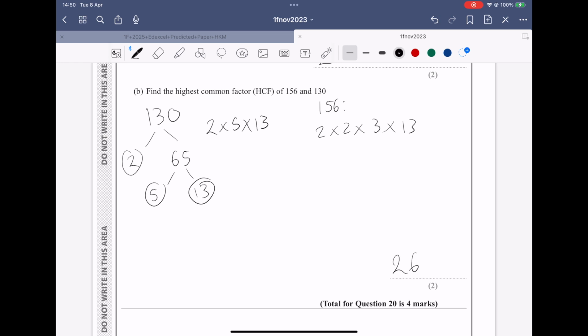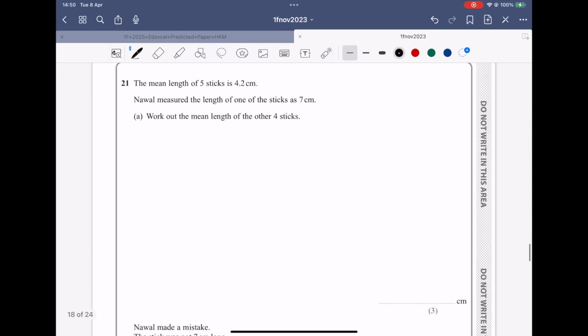Okay, moving on. The mean length of 5 sticks is 4.2. November measured one of the lengths as 7. Work out the mean length of the other 4 sticks. Alright, so the mean of 5 sticks is 4.2. So mean is the total divided by how many there are.